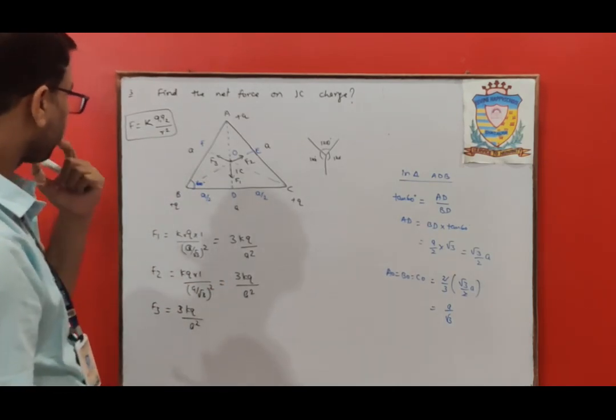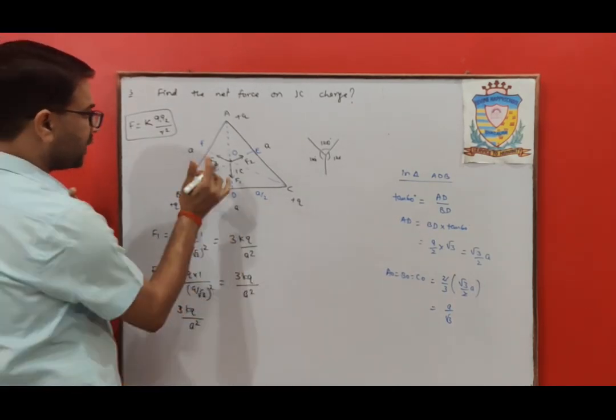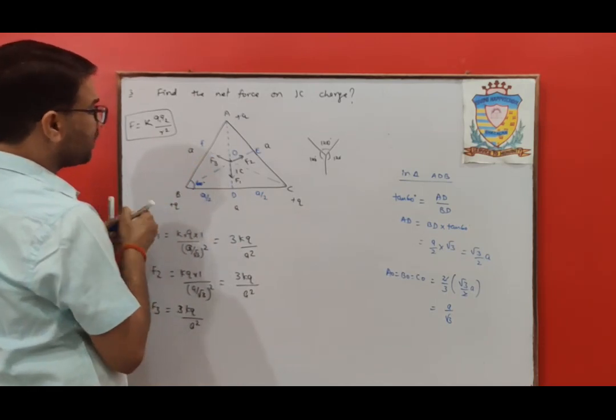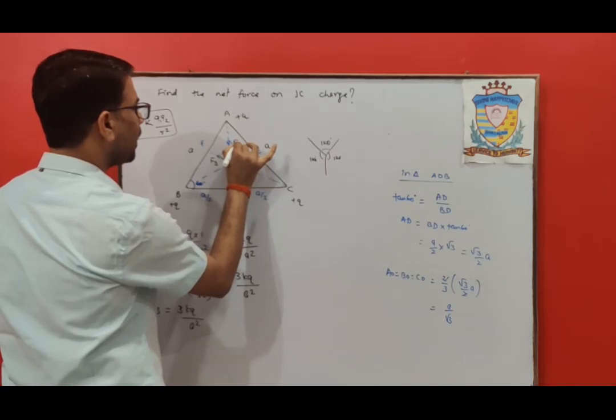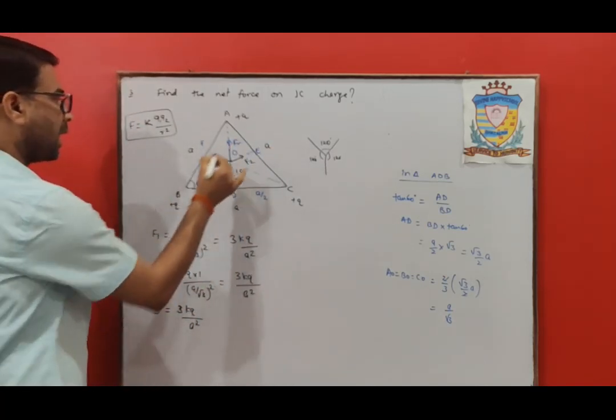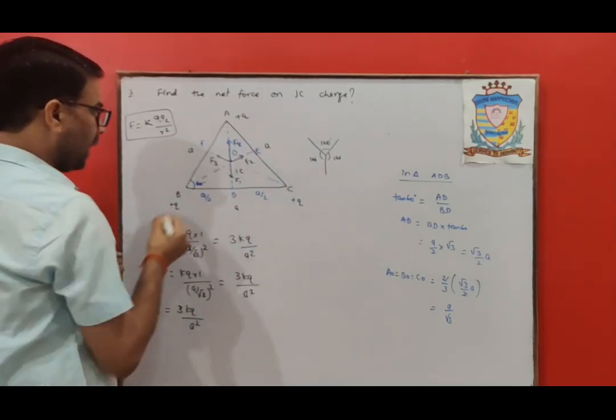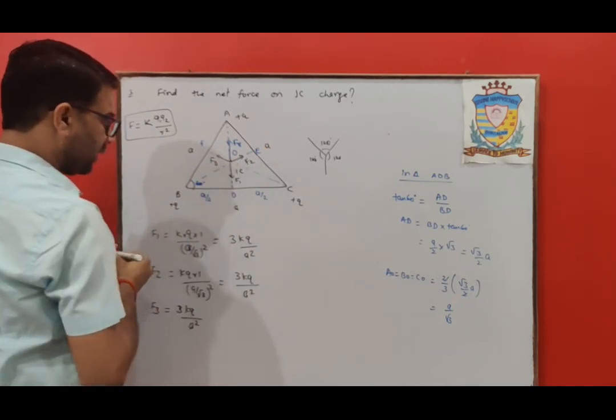Now first we will calculate the resultant vector of F2 and F3. This is the resultant FR, and the angle between these two is 120 degree.